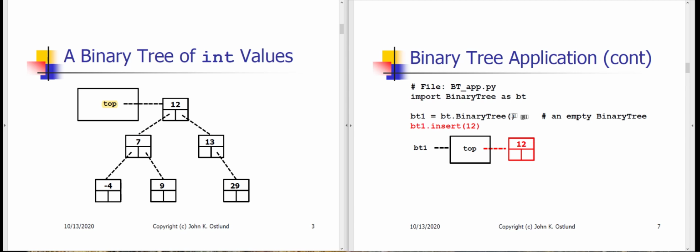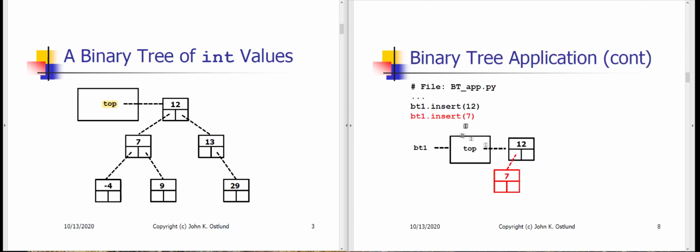All right, so we started out with an empty binary tree. If we say insert 12, 12 is now the top node. Top is now the first node in the tree, and so it goes at the top, and our top instance variable within the binary tree class refers to that first node containing the 12.